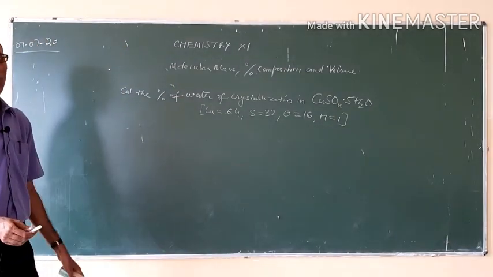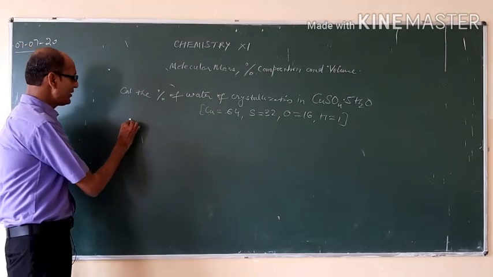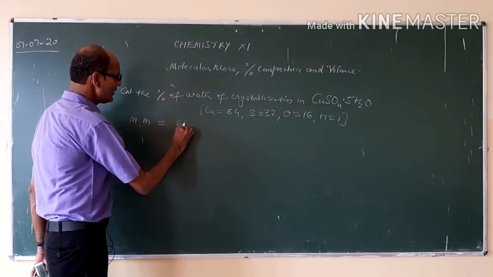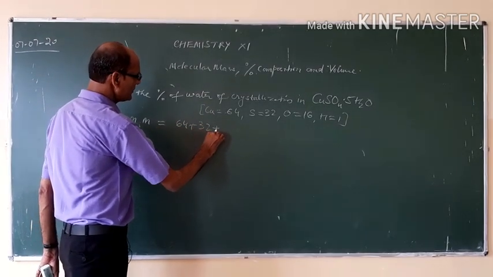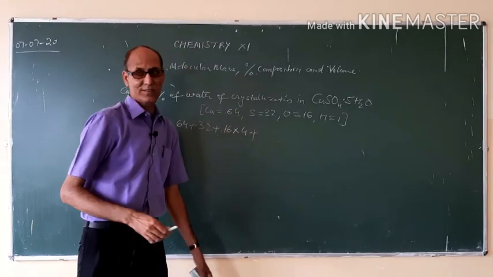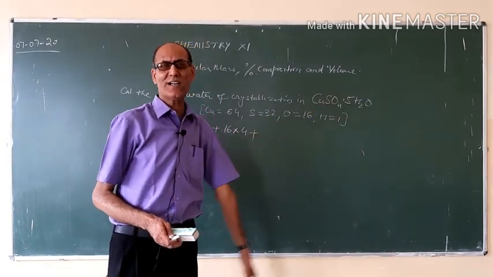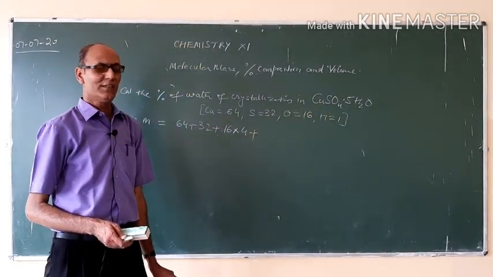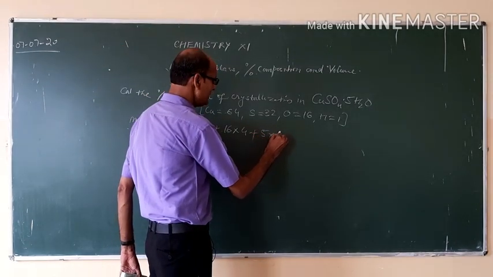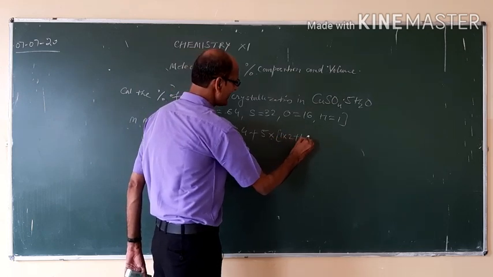What we have to do? First of all, we have to calculate the molecular mass. So molecular mass of CuSO4: 64 plus 32 plus 16 into 4, plus, see here, in place of the dot we should not multiply, we have to write plus here, 5 into 1 into 2 plus 16.